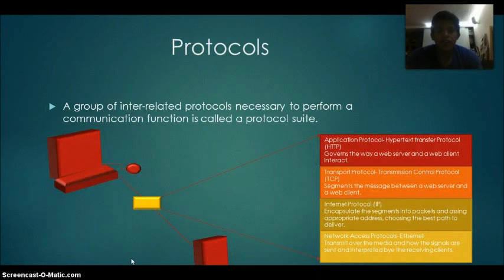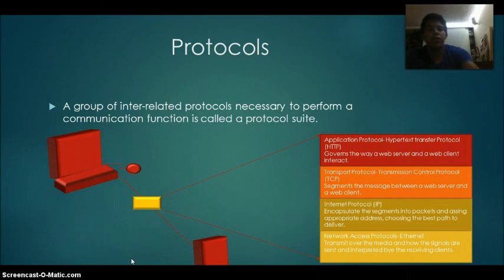For communication to be possible between devices, there should be protocols. Protocols are like rules that devices should follow. They want an accurate and complete communication.